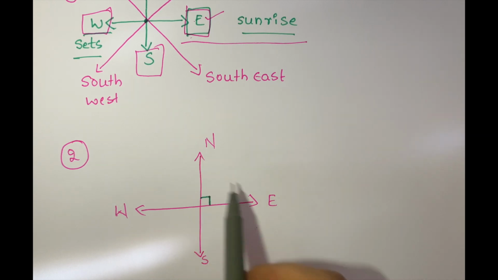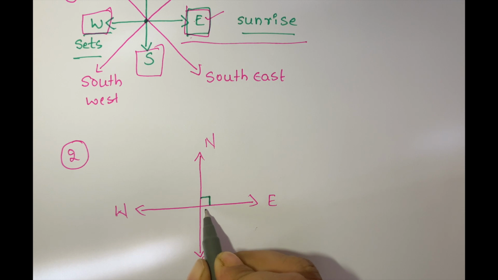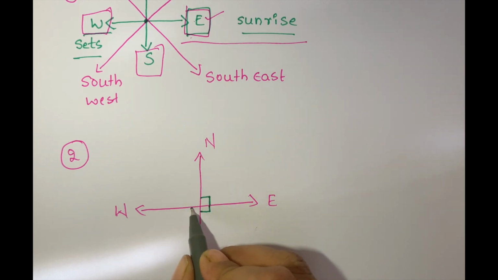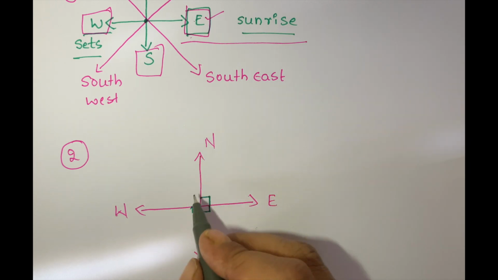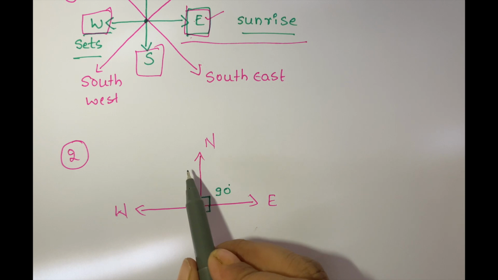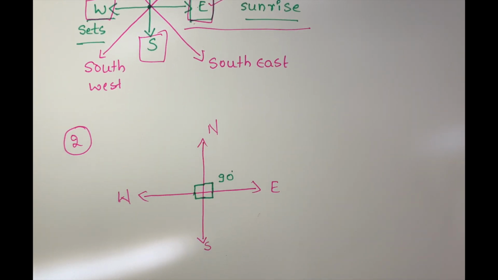The angle between north and east is 90 degrees. The angle between east and south is 90 degrees. The angle between west and south is 90 degrees, and north and west is also 90 degrees. So the angle between each main direction is 90 degrees.